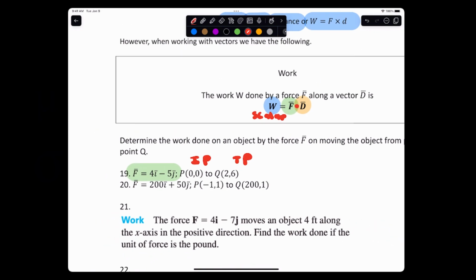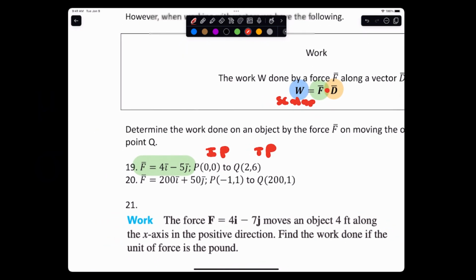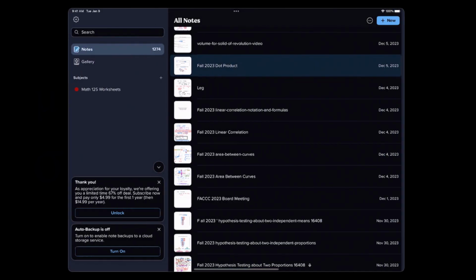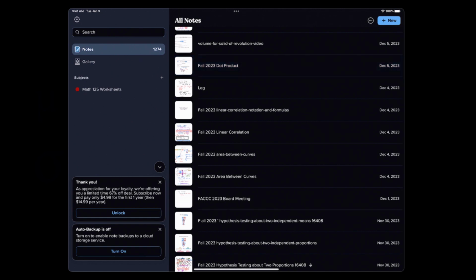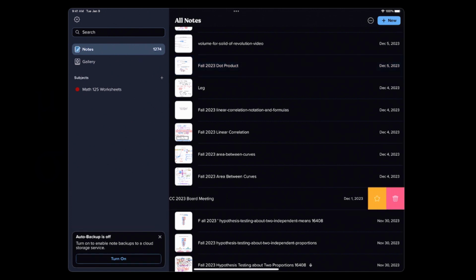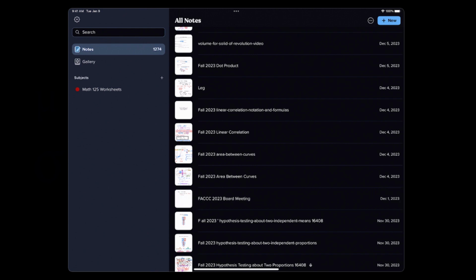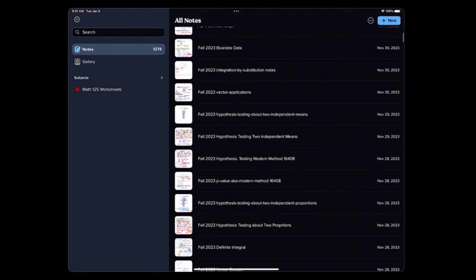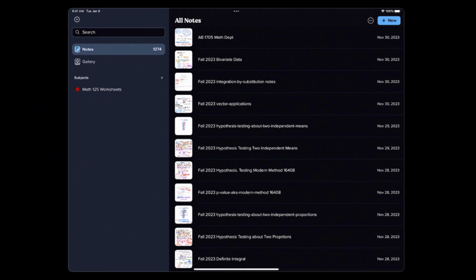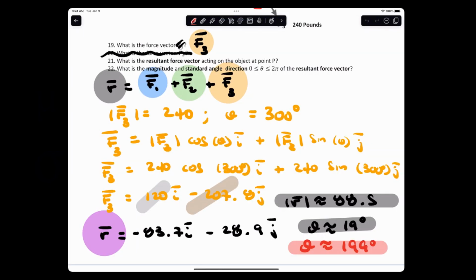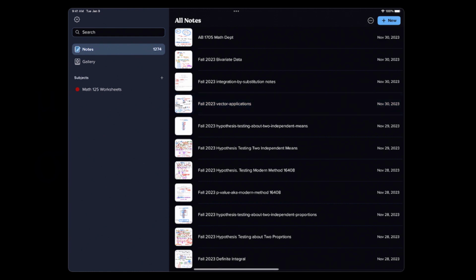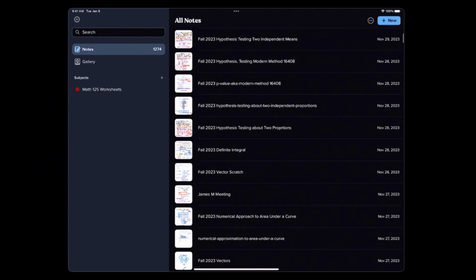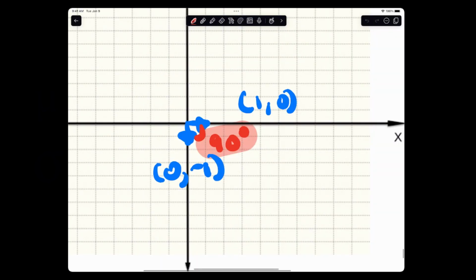So I'm going to find my scratch, and let's remember these points, 0, 0, 2, 6. So 0, 0, 2, 6, where's our vector scratch? That's not it. There you go, 0, 0, 2, 6.